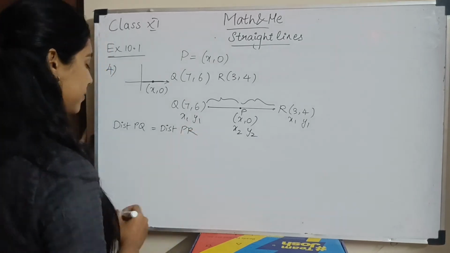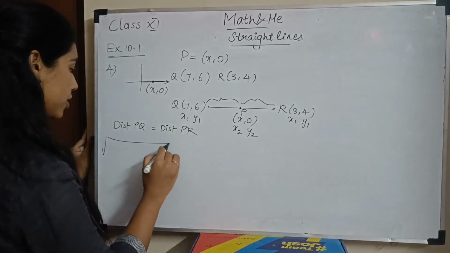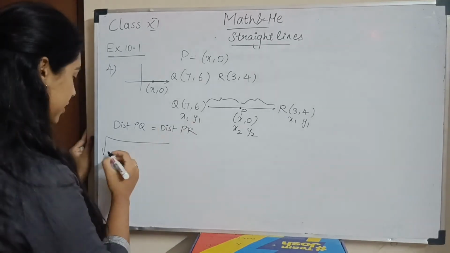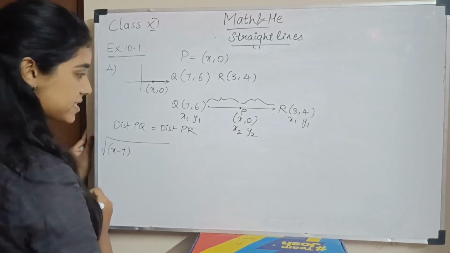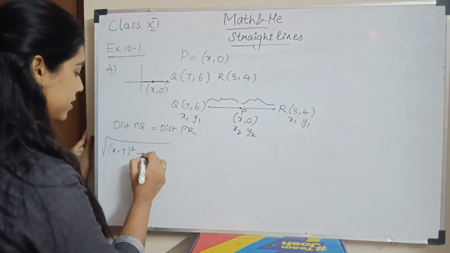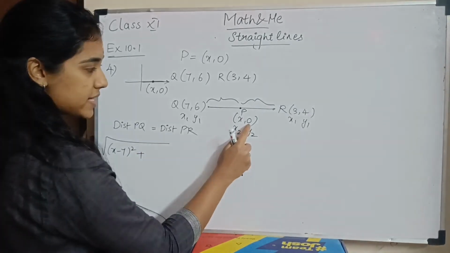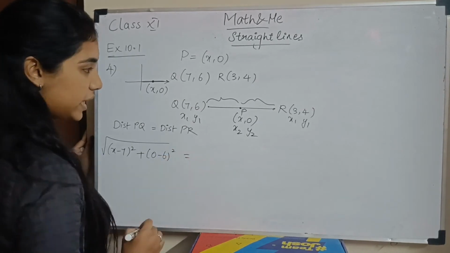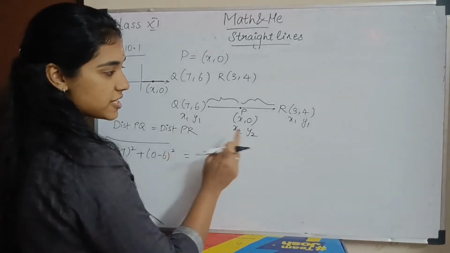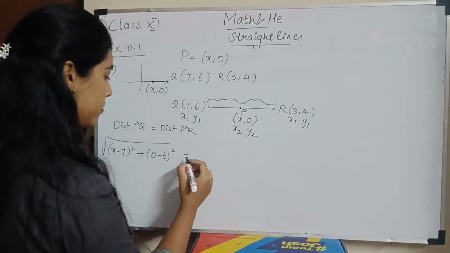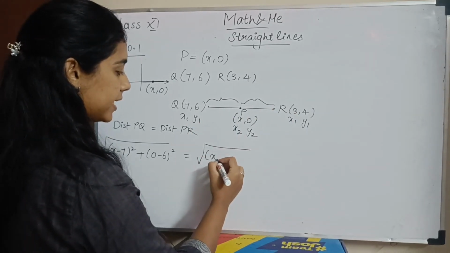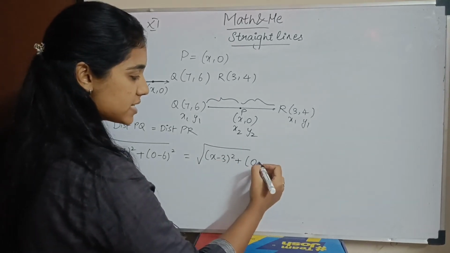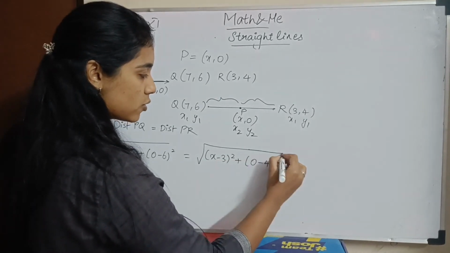Distance PQ is root of x2 minus x1, which is x minus 7, the whole square, plus y2 minus y1, 0 minus 6, the whole square, equals distance PR. What is your distance PR? It is root of x minus 3 the whole square plus 0 minus 4 the whole square.